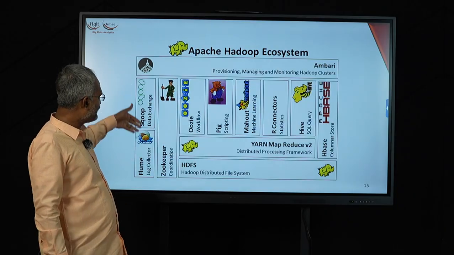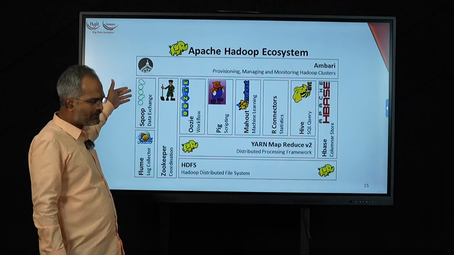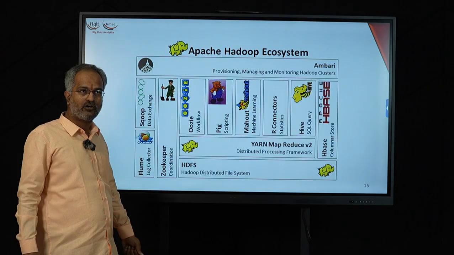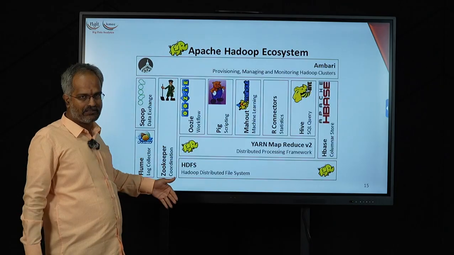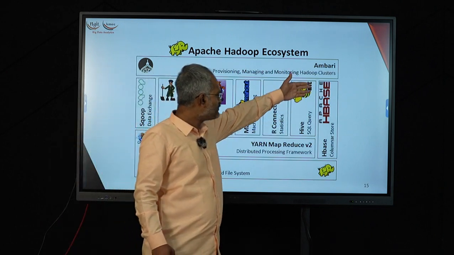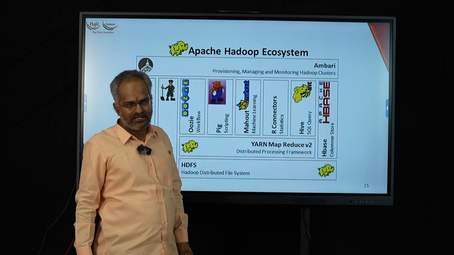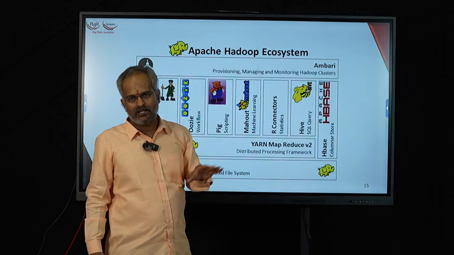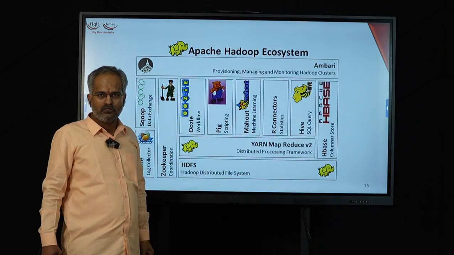So Sqoop is for taking data from the database, and Flume is for real-time data, that is streaming, and HBase is for the column-oriented database. And on top of that there was Ambari, actually it is retired now.